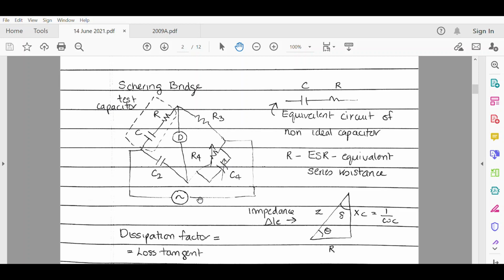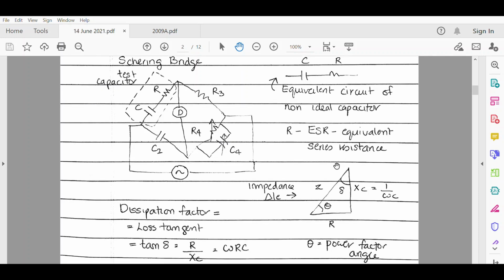This circuit is excited using an AC source, and we have a variable resistance and capacitance in order to balance this bridge. Now if we were to see the equivalent circuit of a non-ideal capacitor, it would be as shown over here, a capacitor in series with a resistance. This resistance is called the equivalent series resistance.